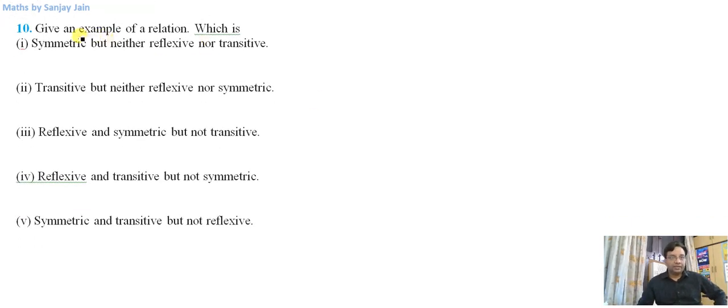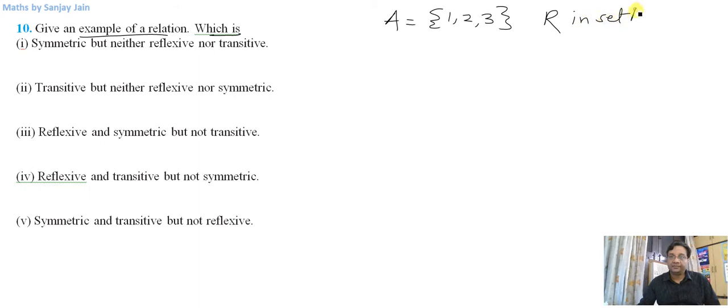Okay, give an example of a relation which is symmetric but neither reflexive nor transitive. So what I'll do is I'll take a set A. Let us take a set A as containing elements 1, 2, 3, and I will define this relation R in set A. Okay, so R is defined in set A. That means R is this relation that we will take.